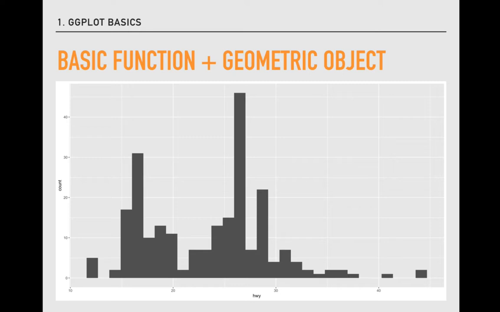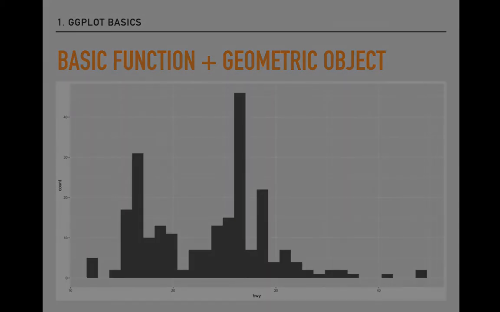We can see that there are 2 clusters of vehicles that are right around 16 miles per gallon in terms of their highway fuel efficiency, and again around 26 and 28 miles per gallon or so. There are a few vehicles with very poor gas mileage, and a few with very good gas mileage, that's over 40 miles per gallon.